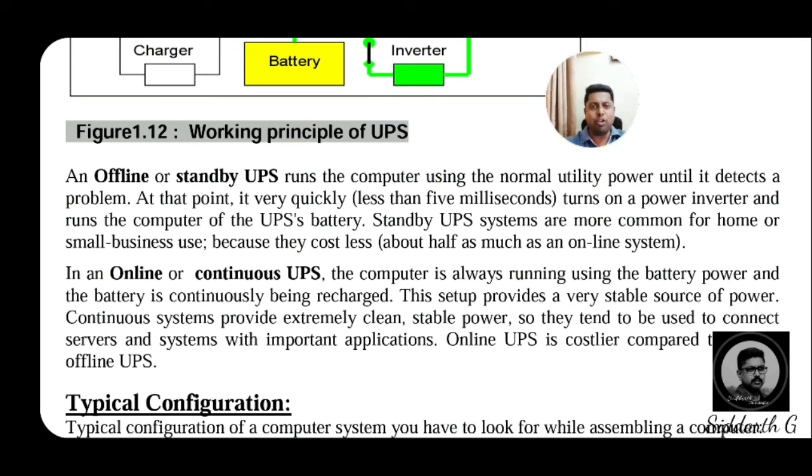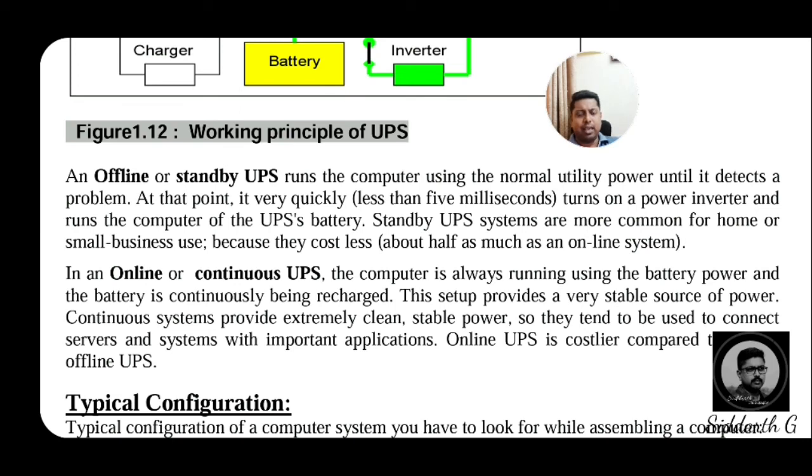Then coming to the online UPS, the computer is always running on the battery power, and the battery is consistently being recharged. This setup provides a very stable source of power, and the system continuously provides extremely clean power to be connected to several computer systems. Online UPSs are costlier than offline UPSs. We discussed earlier that the price is reduced by 50% for the offline UPS.